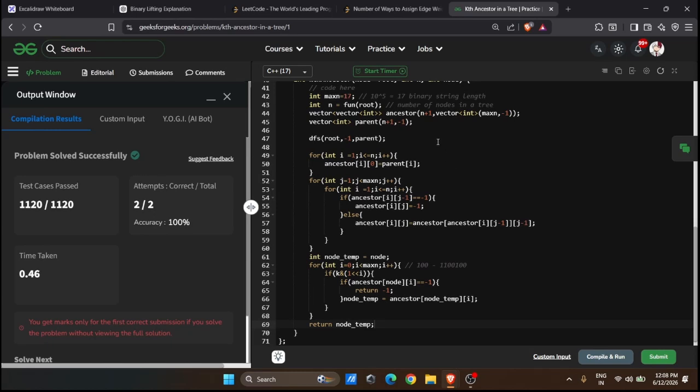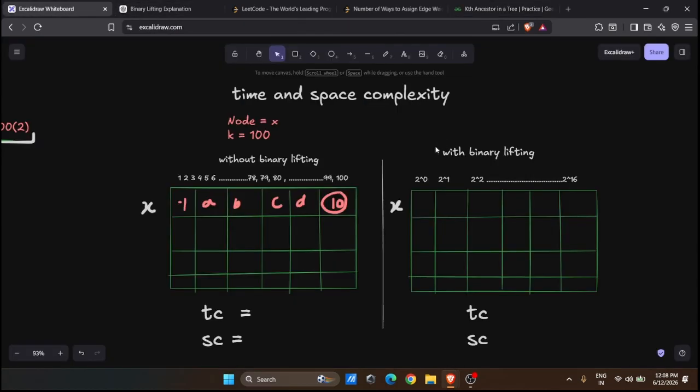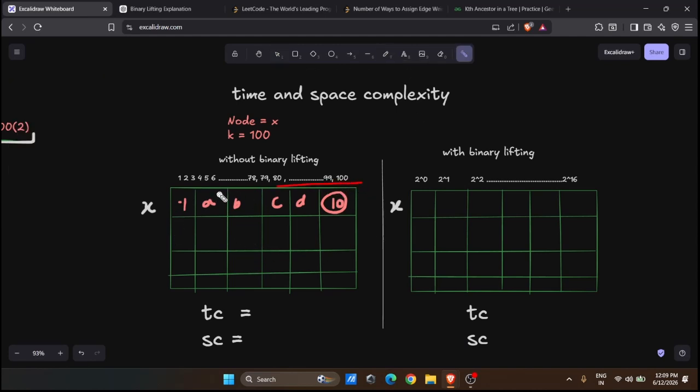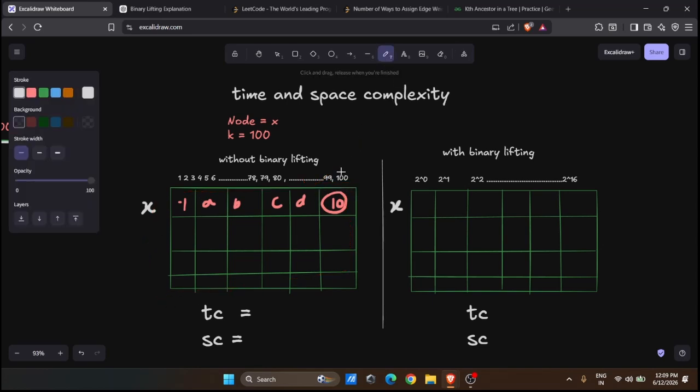Now let me discuss time and space complexity, both without binary lifting and with binary lifting. Without it, I have to create an ancestor table with n cross n values, where n can go up to 10 to the power 5. So it gives us n cross n, O(n squared) time complexity.